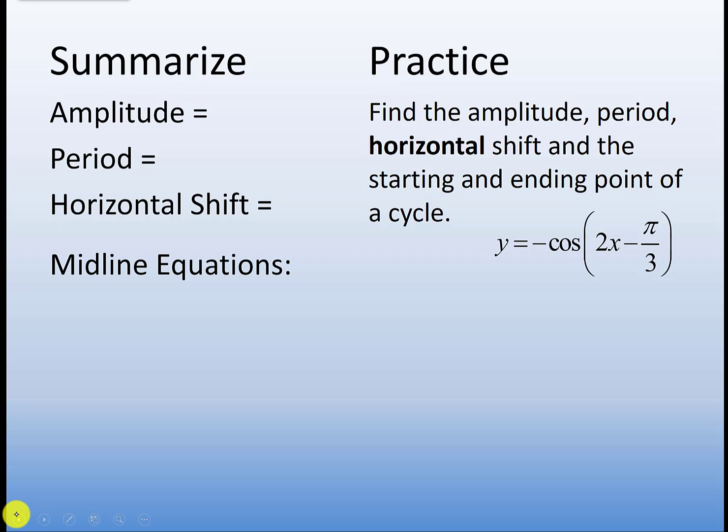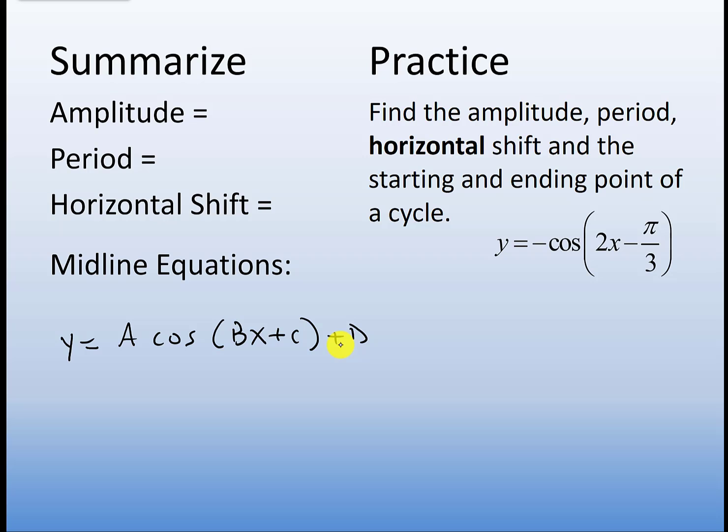Let's summarize, and while I'm summarizing, I'm going to formalize this idea of the shift. So first of all, when we're looking at an equation, let's say we're looking at y equals a cosine, it could be sine, a cosine bx plus c plus d.